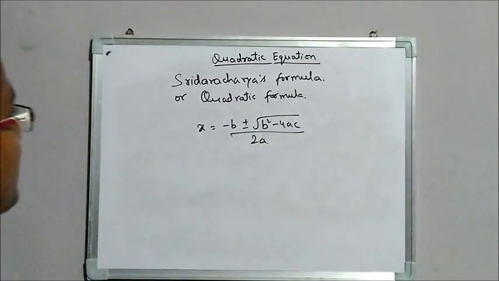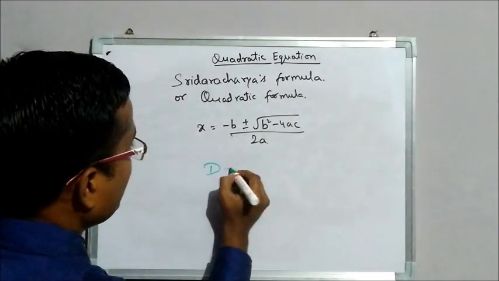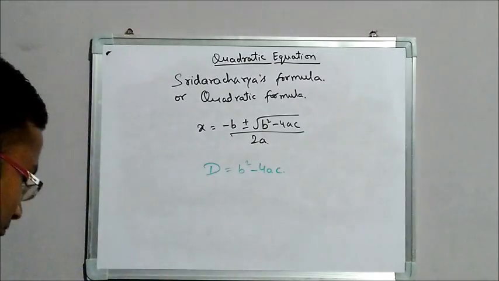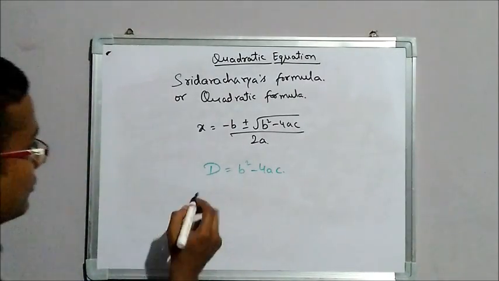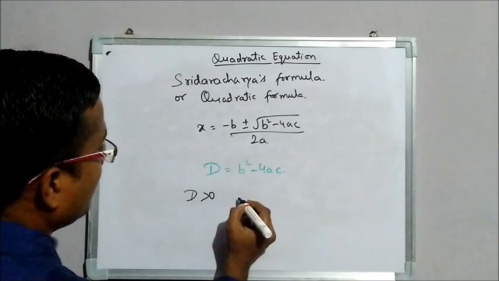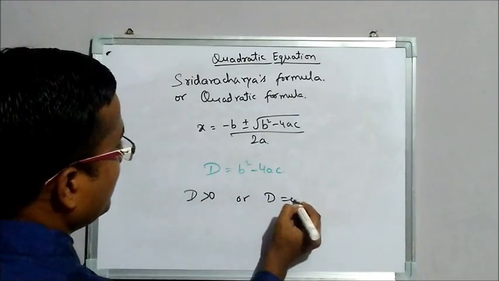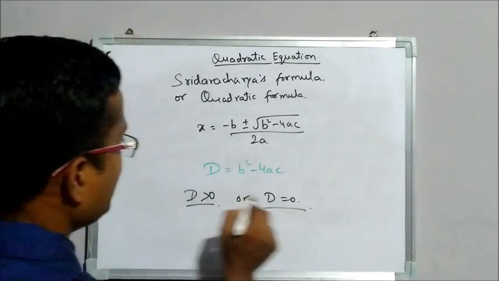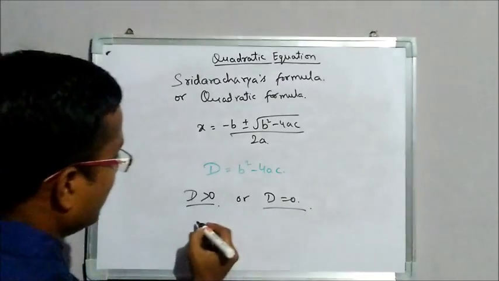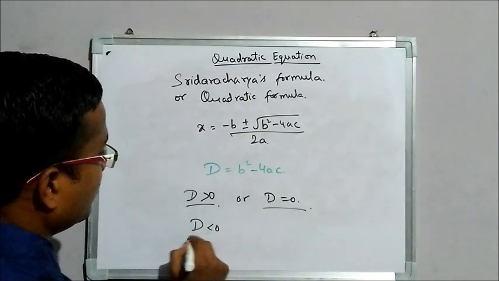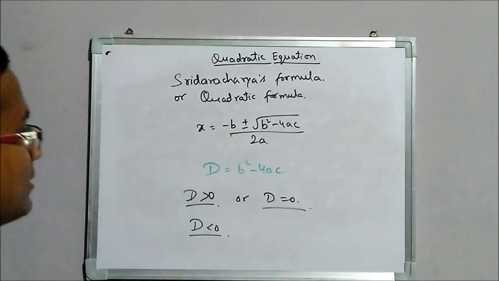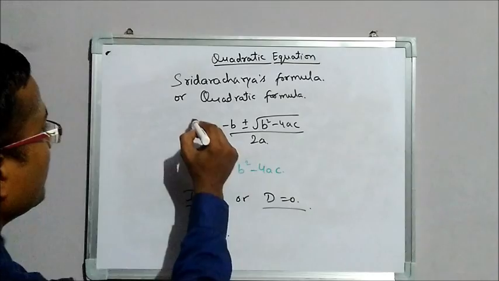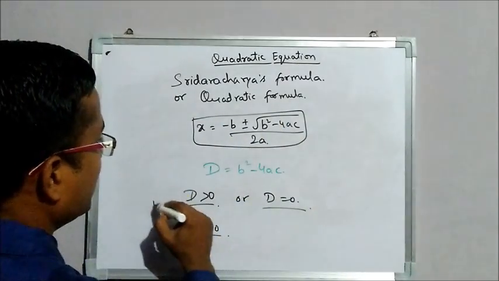Here the discriminant is b square minus 4ac. For real roots, D should be greater than 0 or D should be equal to 0. These two conditions should be satisfied for real roots. If D is less than 0, the roots are not real, meaning roots do not exist. Keep this formula and this condition in mind.